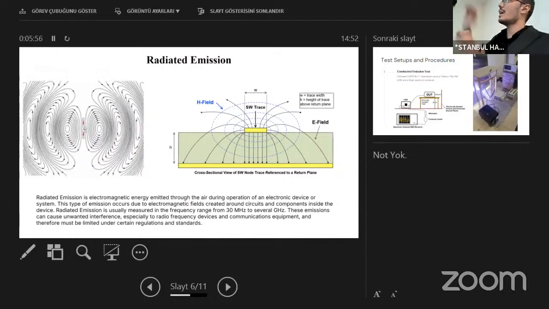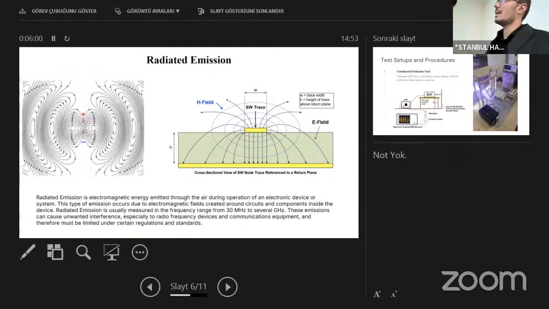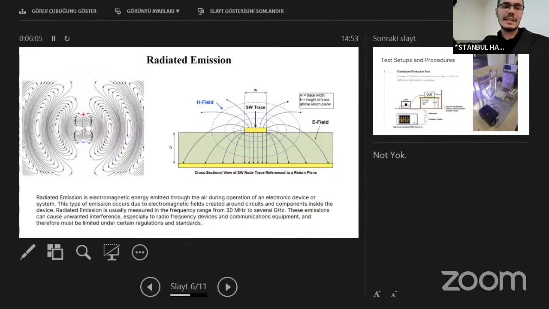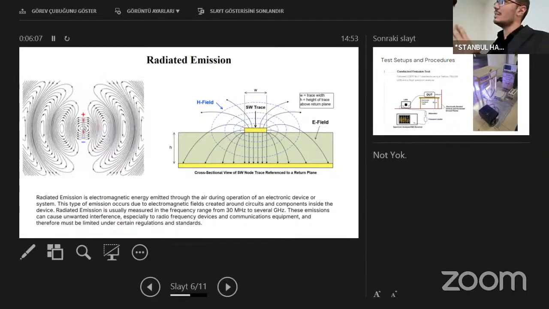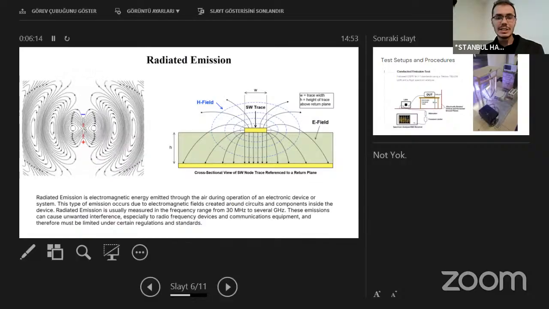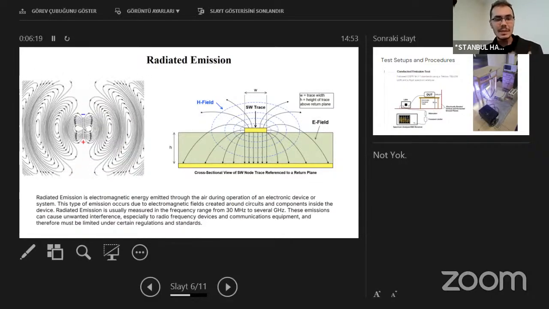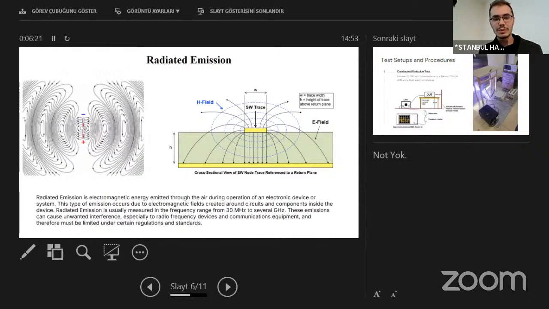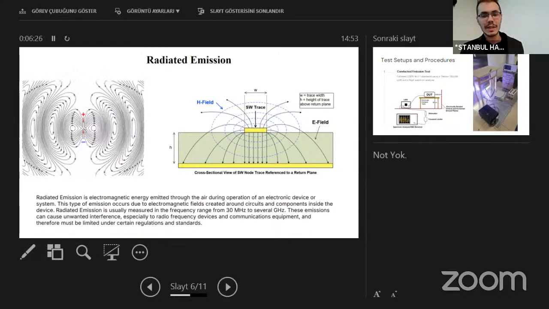I want to use this image to present radiated emission. Radiated emission is electromagnetic energy emitted through the air during operation of an electronic device or system. This typically occurs due to electromagnetic fields created around circuits and components inside the device.